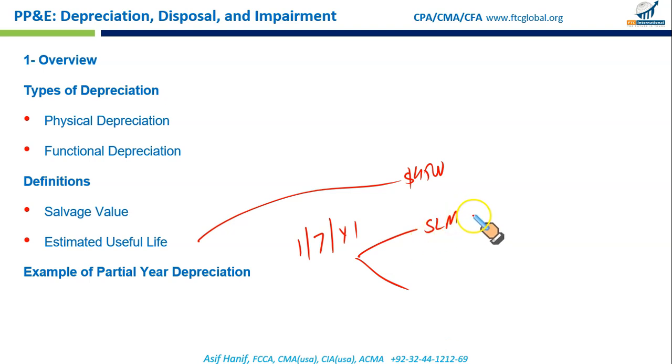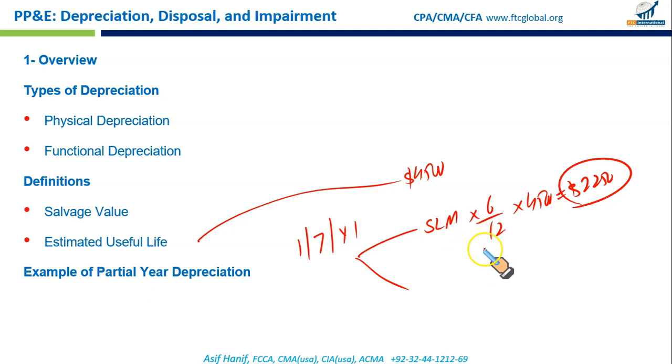Since we have used it for 6 months only, it is 6 upon 12 of the annual depreciation. That means we'll charge $2,250 depreciation for the first year, the first 6 months. Your CPA exam will frequently ask you about partial year depreciation calculation. So this is the way you do it: you take the number of months for which the asset was in service over 12 times the annual depreciation, and you get the answer.